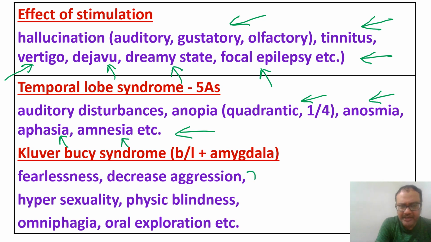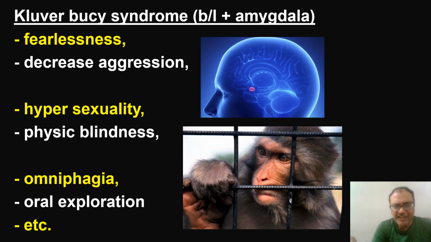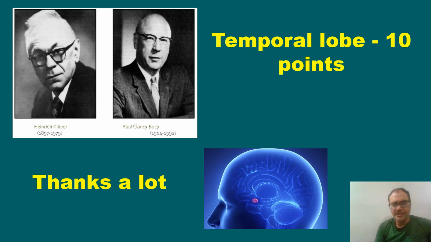And this we have done in what happens in Kluver-Bucy syndrome. The slide again shows Kluver-Bucy syndrome, and this is the amygdala, bilateral removal of the anterior temporal pole along with the bilateral amygdala results in this syndrome. So that way, friends, we have completed 10 points regarding the temporal lobe, especially related to physiology.